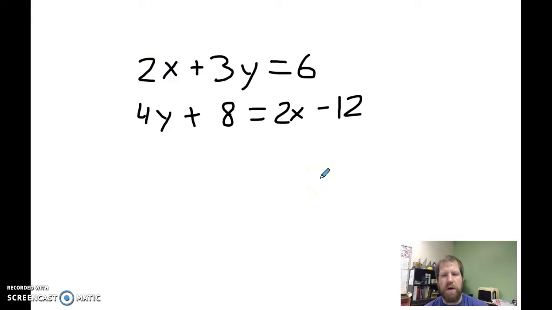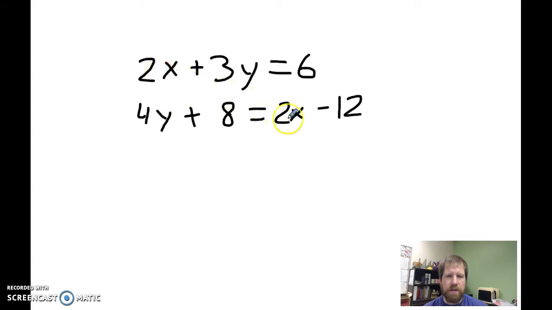So what I'm going to have to do is figure out which one's going to be easiest to simplify, because I've got to get it down to that 1x. I look at this and say x looks like it's going to be my easiest one. I've got 2x, it's smaller numbers. Generally that means it's going to be easier than y, which has a larger number, and in this case an odd one, which sometimes makes things more difficult.